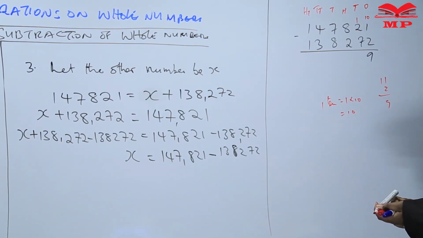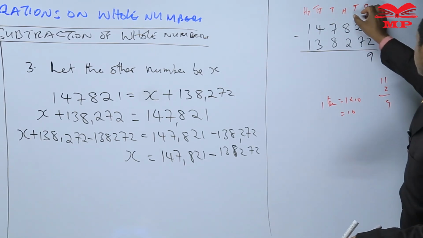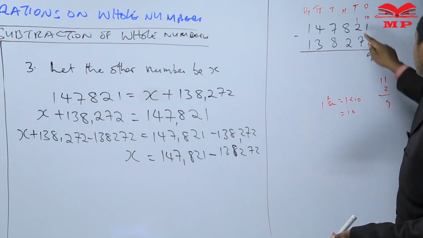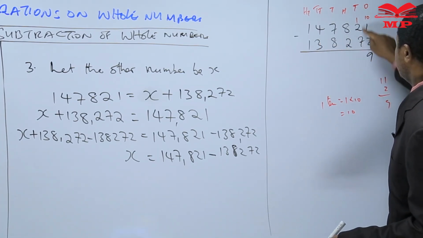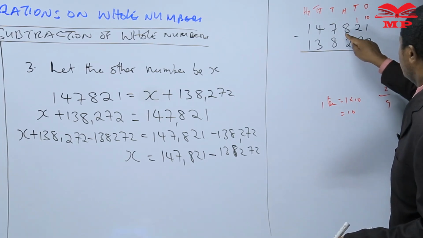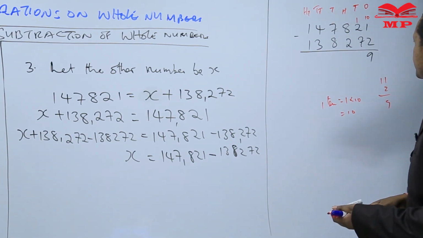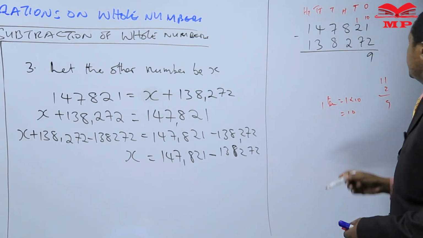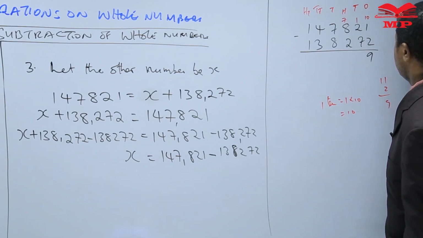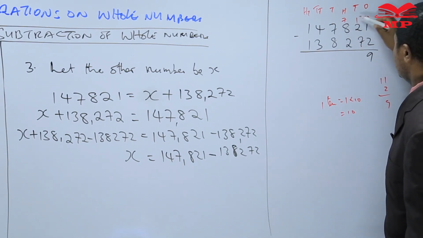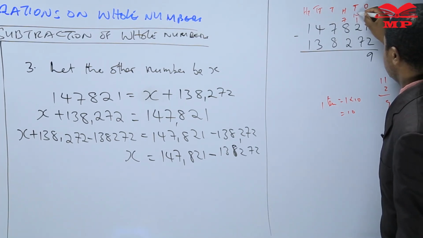Then we subtract the tens. We remained here with the 1 ten minus 7 tens. It's not possible. We'll have to borrow 100 from the 800s. So we remain here with 700s. We borrow 100, we take it to the tens. That will be 10 tens.